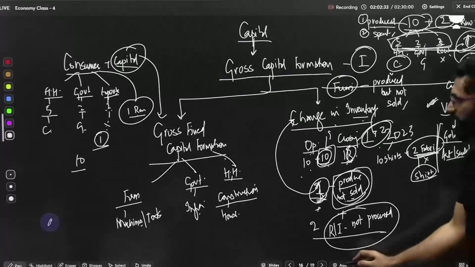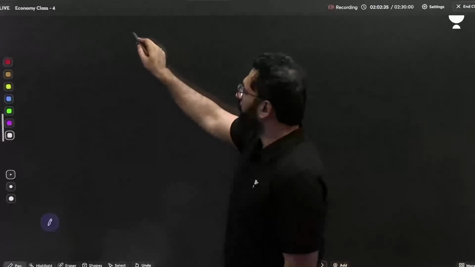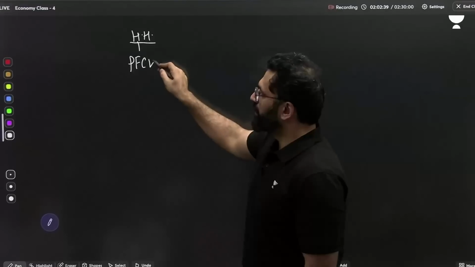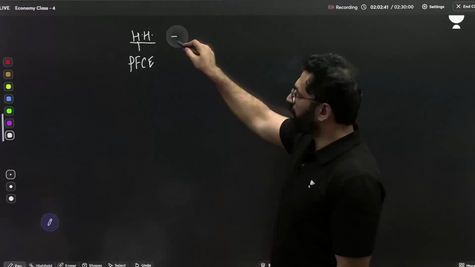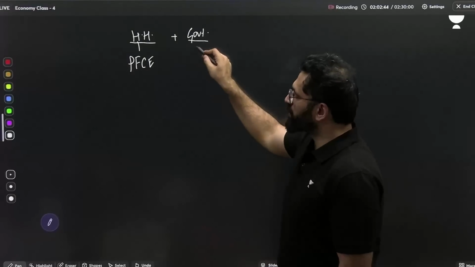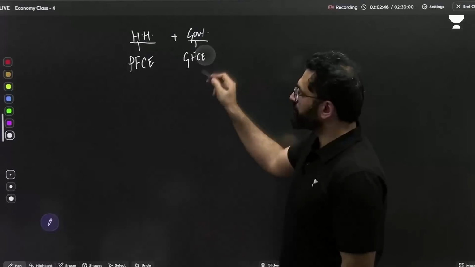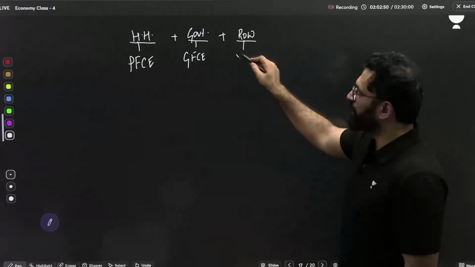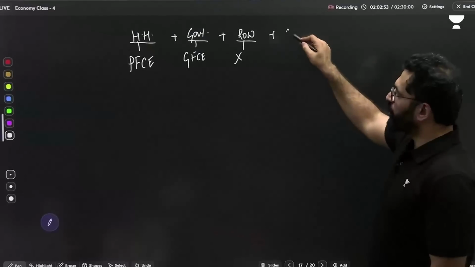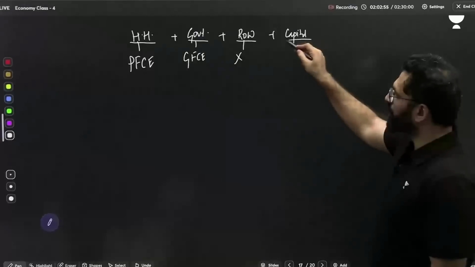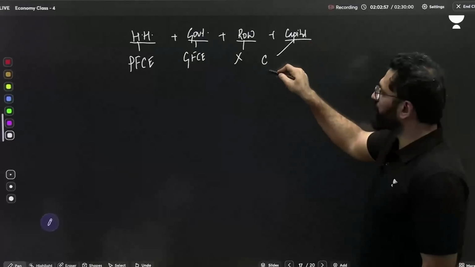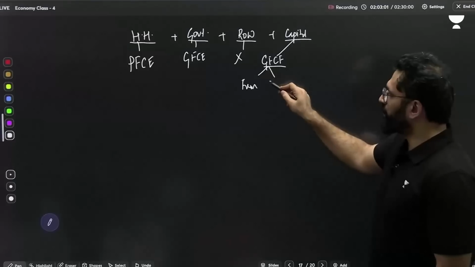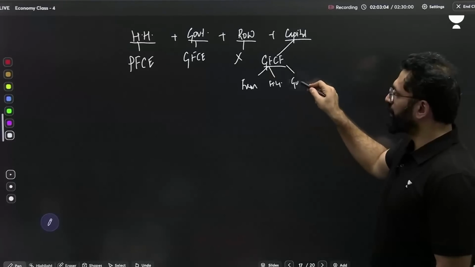So now, total expenditures which have been made: household has spent money on consumption, this is called private final consumption expenditure. Government has spent money on consumption, this is called government final consumption. Rest of the world has spent money on exports. And this is first gross fixed capital formation, done by firm, done by household, and done by government.